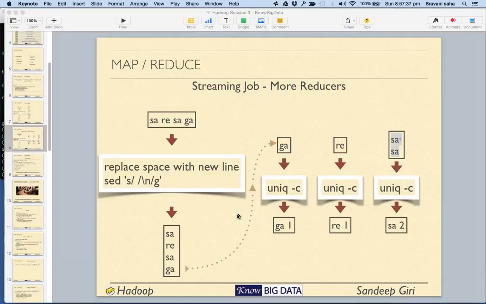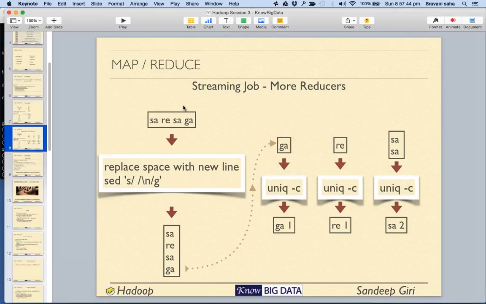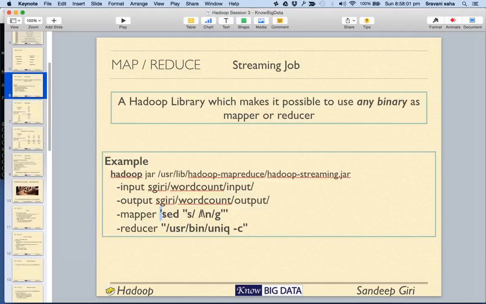Now, the question is, we used here these commands, which are standard commands. How does Hadoop detect what is the key and what is the value? This program, all it needs to do is for each input, print the key and the value separated by a tab.